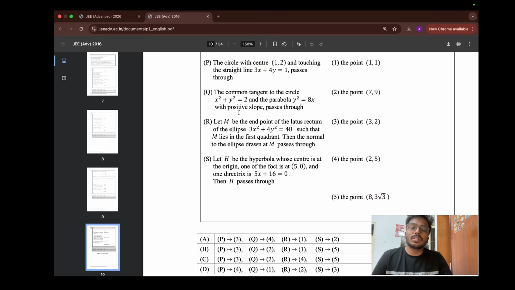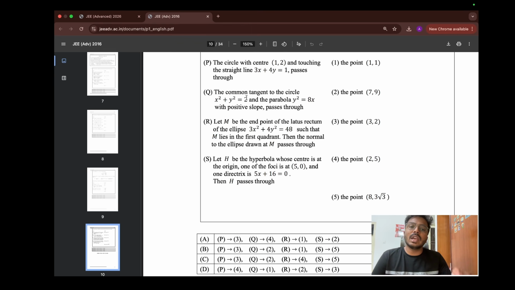So you can draw both of them with positive slope. So you can write the tangent equation for the parabola, y is equal to mx plus a upon m, and for the circle it is y equals to mx plus or minus square root of r multiplied by m square plus 1. So from those two equations you can equate the c part of it, y is equal to mx plus c.